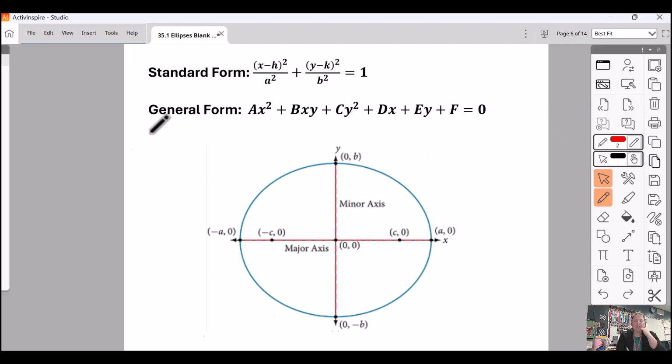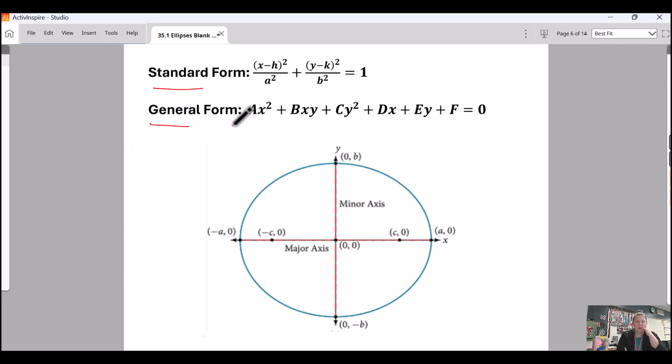Okay, so we can talk about two different forms. You've seen this if you've been doing your assignment. When we did some completing the square, we always started in the general form, and we didn't ever have this term when we were doing completing the square. We started in general form and ended up in standard form.